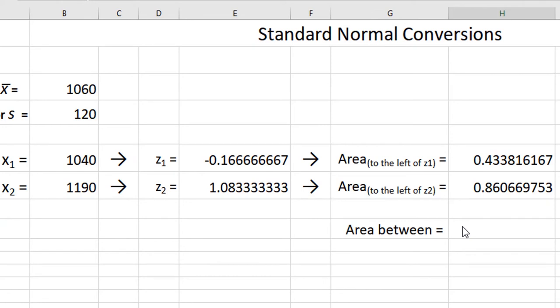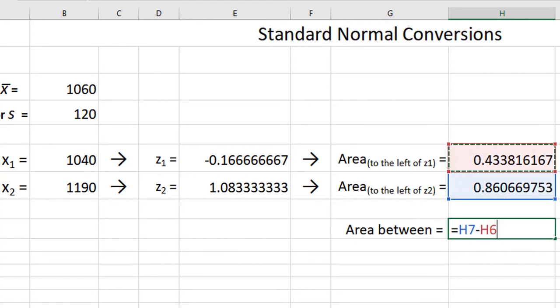In order to get the area between these two z-values on a spreadsheet, we simply subtract one area from the other, meaning here I have a larger area of roughly 86%, and here I have one of roughly 43%. So in this cell where I have it labeled as area between, we would say equals, click on the larger area, minus the smaller area, enter.